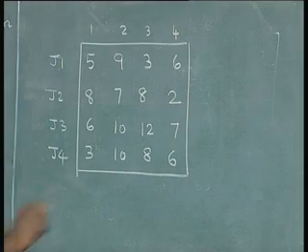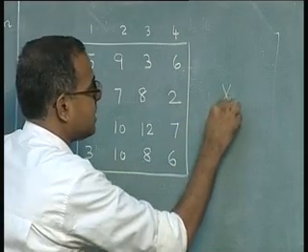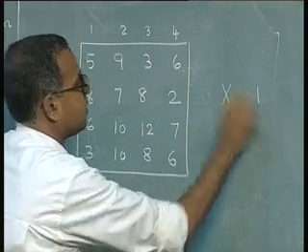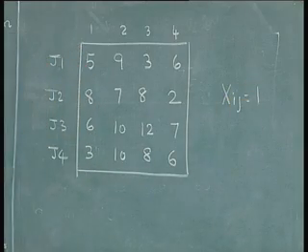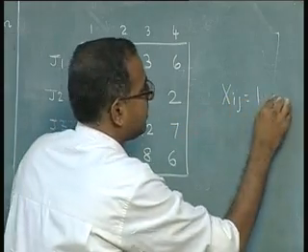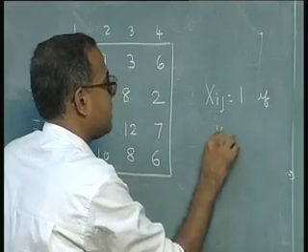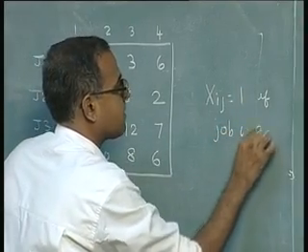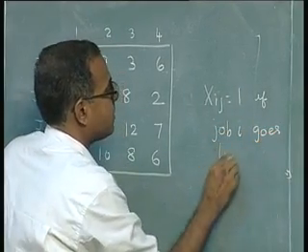Now what are the decision variables? Each job goes to one person and one person gets only one job. So xij equal to 1 if job i goes to person j.